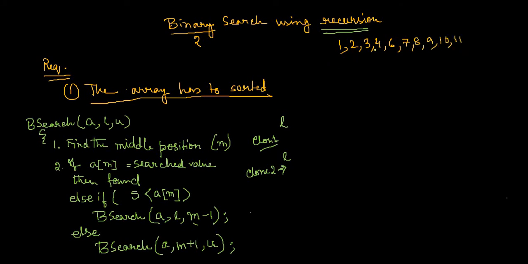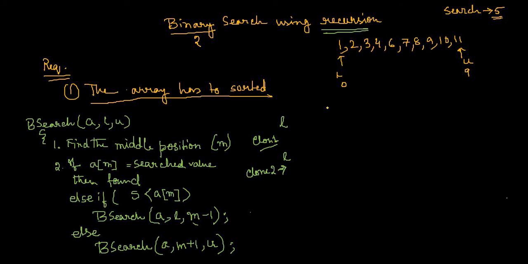So these are suppose data I have and I want to search say 5, which is basically absent over here. So basically this is your L and this is your U. L is 0 and U is 9, right? First time 0 to 9. So in this way it starts.